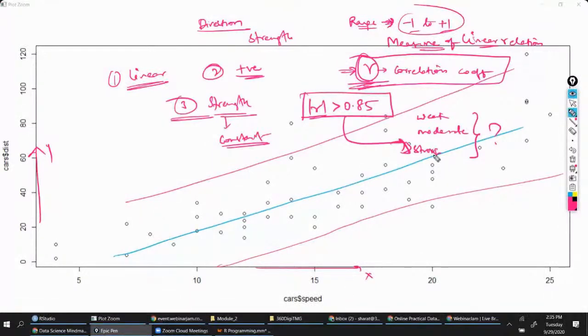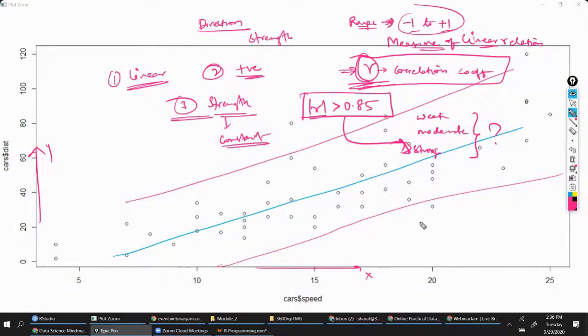So anything greater than 0.85 is strong, modulus of r, of course. What about moderate and weak? Different people have different opinions there. It's not broadly practiced. We look for correlations which are strong, because that's how we can actually capture correlation, which is a cause and effect relationship, output and input.